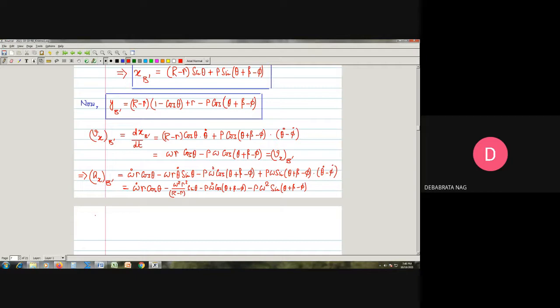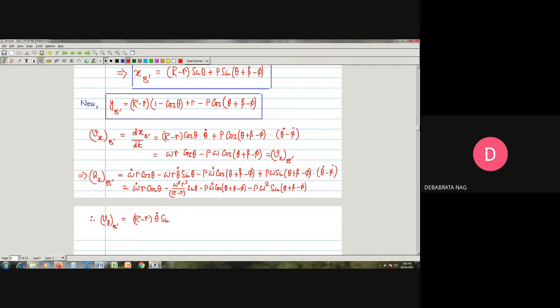We can say therefore v y b dash, that means the y component of the velocity of the point b dash, is going to be equal to capital R minus small r into 1 minus cos theta, so it becomes plus (R minus r) into theta dot, once again into theta dot.